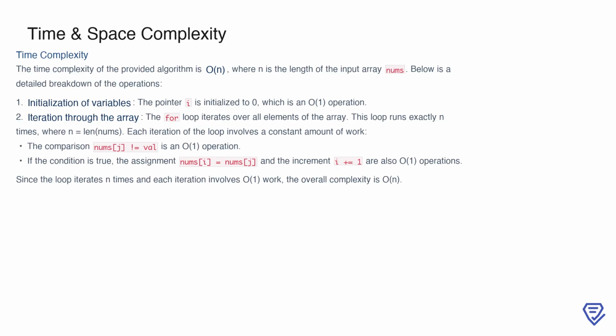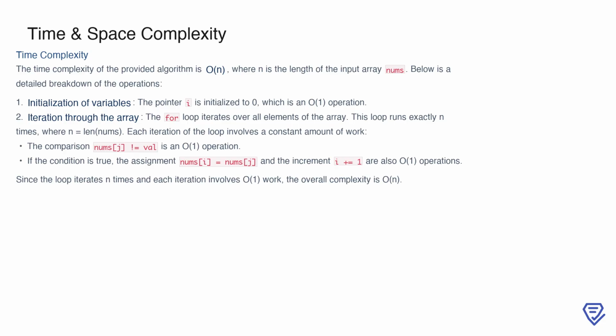Let's break this down step by step to understand why. First, we initialize the variable I to 0, which is a constant time operation, or O(1). Next, we have the for loop that iterates over every element in the array. Since the array has n elements, the loop runs exactly n times. Within each iteration, we perform a constant amount of work.